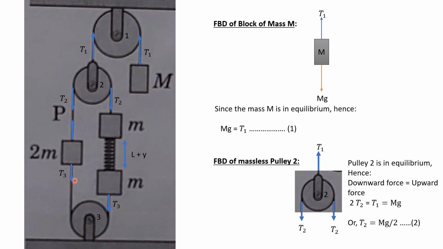The third thread, this one, we have taken the tension force as T3. So again the tension at every point in the thread, wherever we take, the tension will be T3, right? So we will make the free body diagram of block of mass M, this one. So this is your free body diagram.